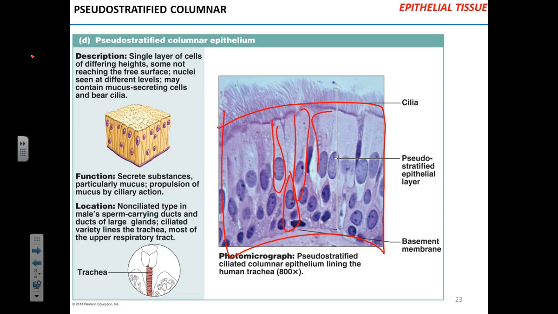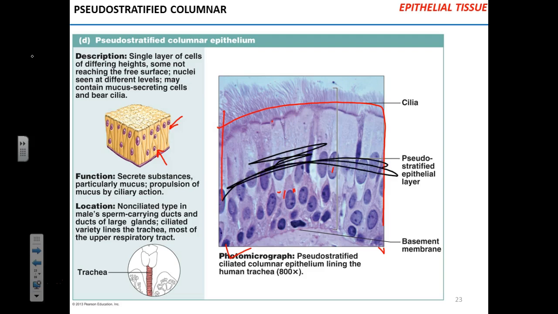There are no multiple layers. But cells in this layer are arranged in a way that the nuclei of these cells give you an impression of more than one layer. Does that make sense? Can you see that?